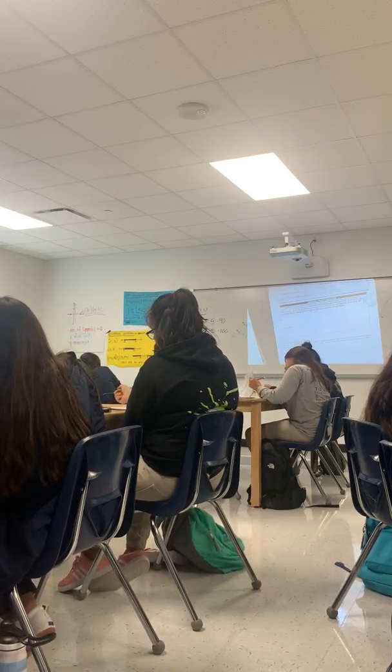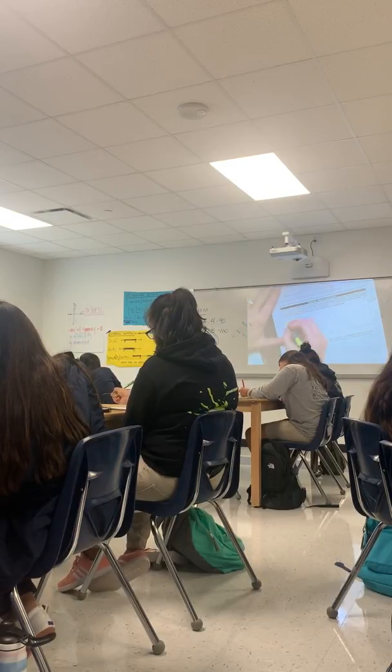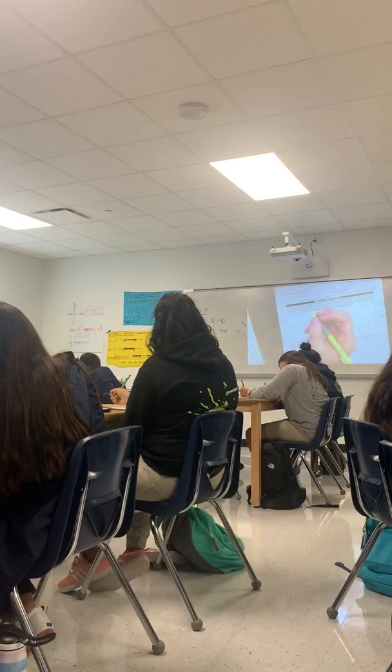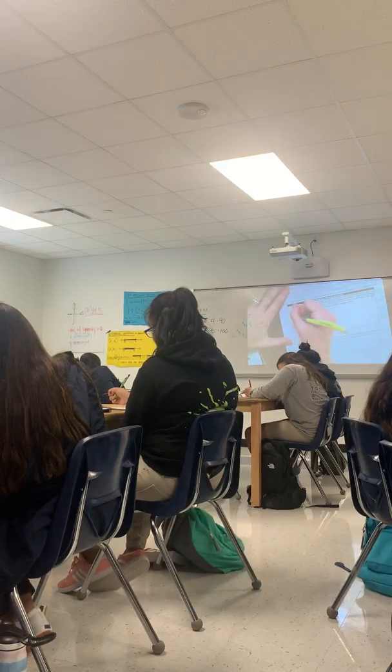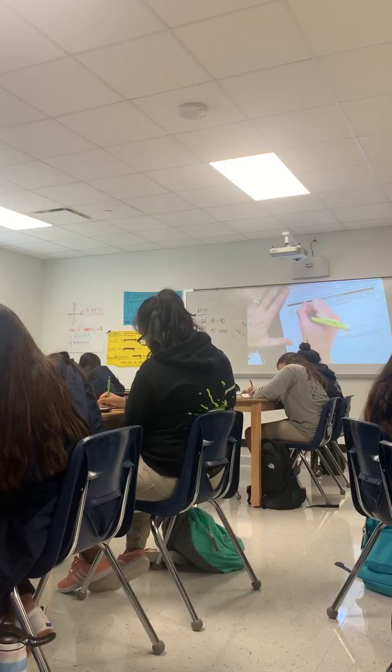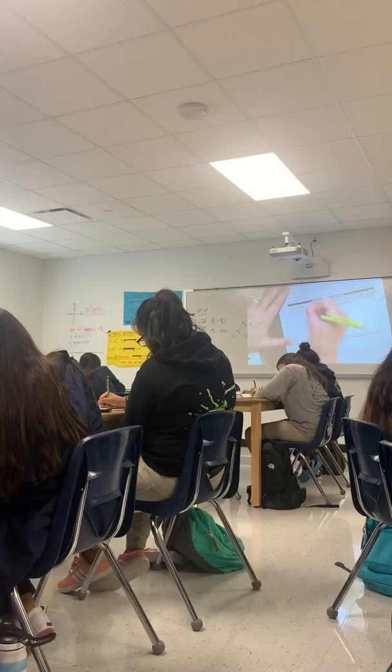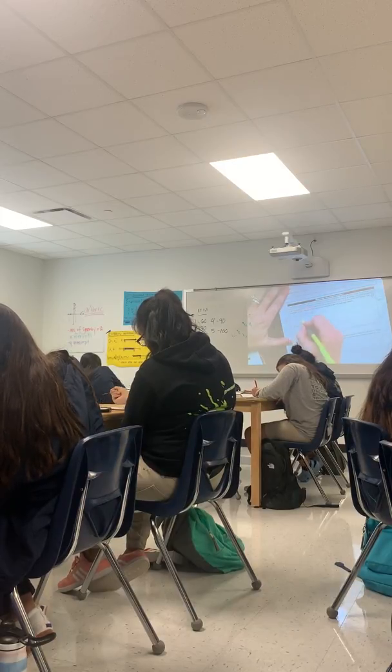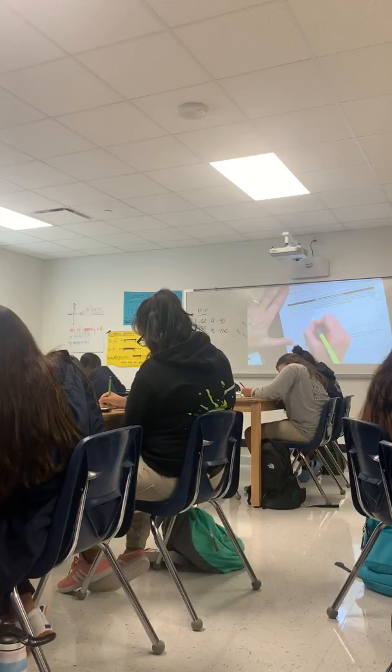I know that the order that I put these in doesn't matter as long as it's the same in the numerator and the denominator. So I'm going to do f of 1.25 minus f of 1.75 over 1.25 minus 1.75.